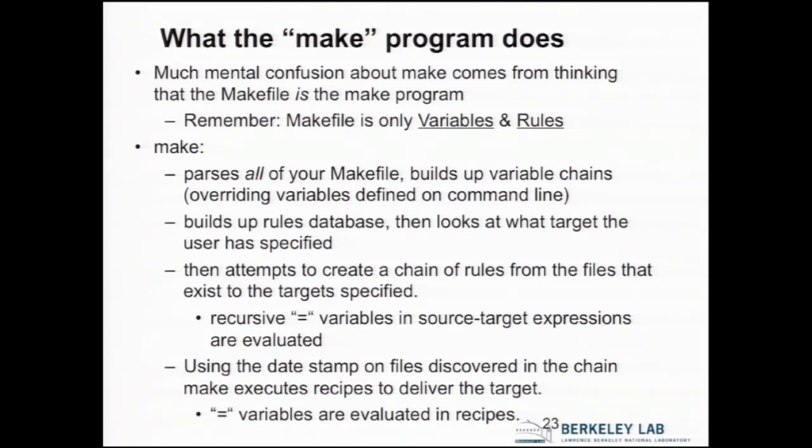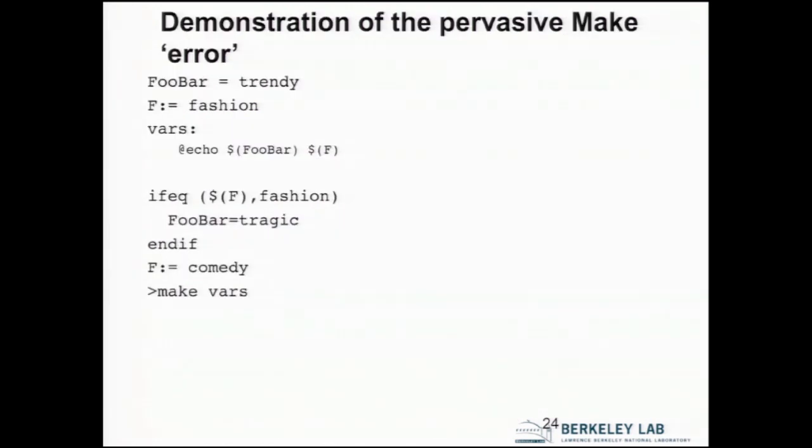For example, and this you can go and practice yourself, if you wanted to echo trendy fashion, and you made your variable like this, defining FOOBAR as trendy and F as fashion, you think that when you do this echo, it should come out saying trendy fashion. But then your Makefile did not end there.